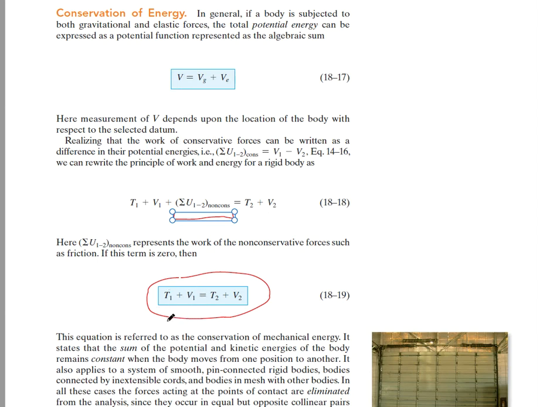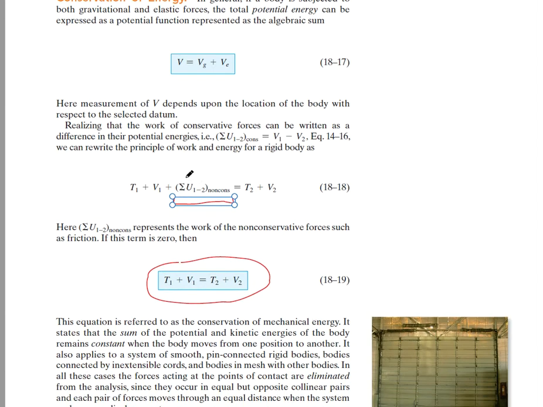Okay, you may have an exchange of energies between kinetic and potential, but for any other given configuration, it should be the same. Again, provided that you don't have any non-conservative forces acting in between, like friction or other non-conservative forces.